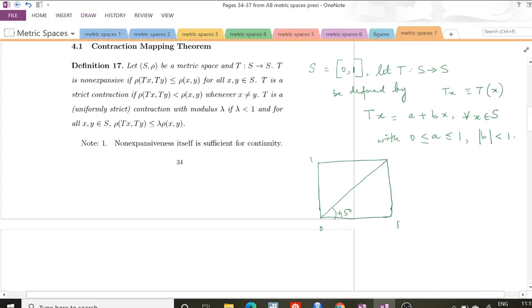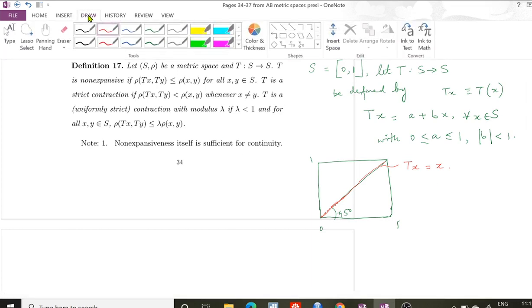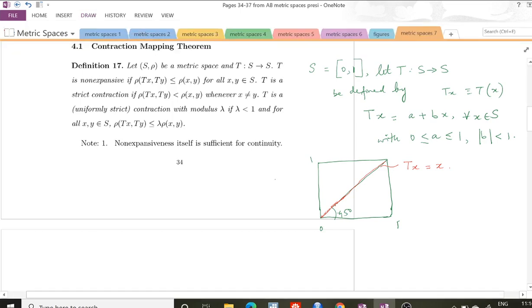So let's draw some maps. So this is the graph of a T which is defined by Tx is equal to x. Okay, and let's draw another.